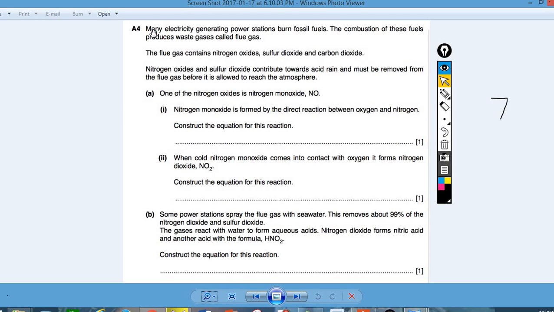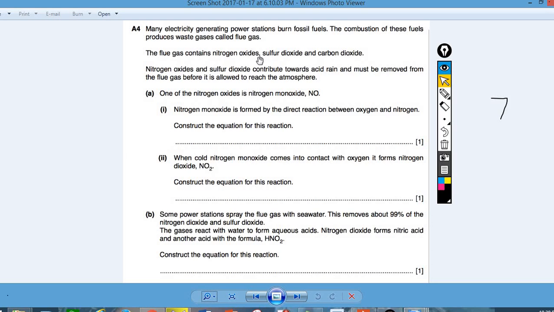The combustion of these fossil fuels produces waste gases called flue gases. You know for a fact that in countries where hydropower, nuclear power, wind power, or whatever renewable or non-renewable sources are not available, the main source of generating electricity is burning fossil fuels, and this could lead to many problems.